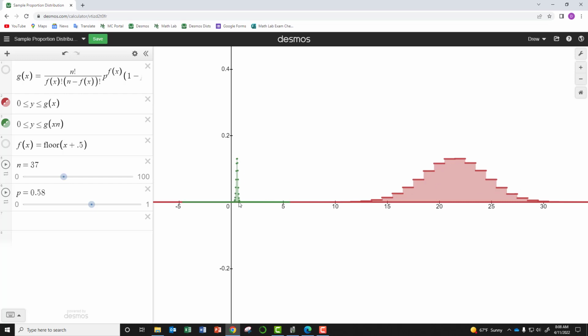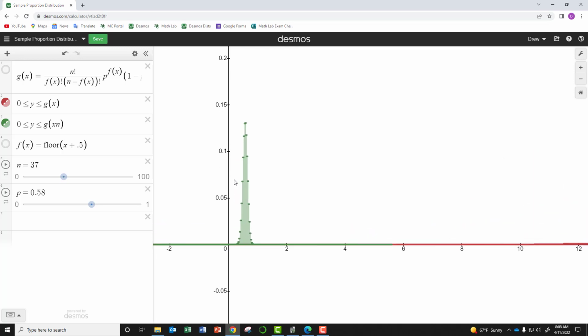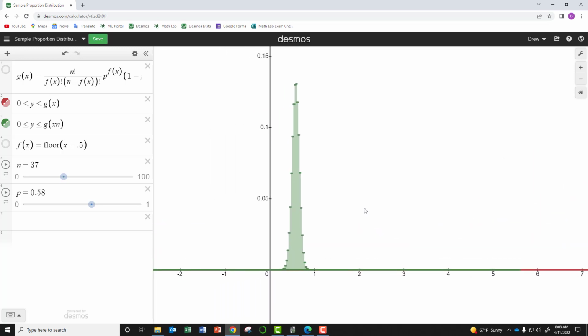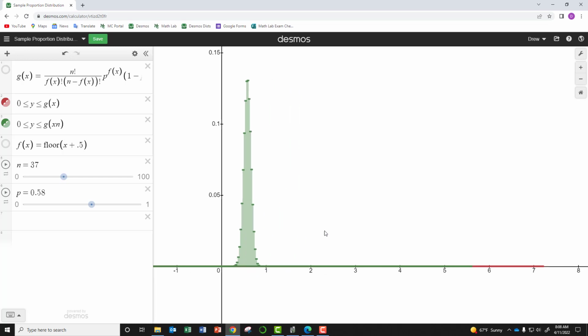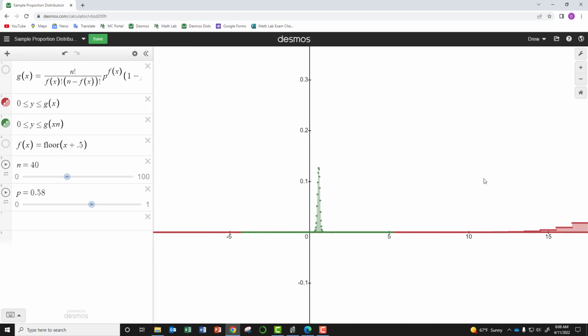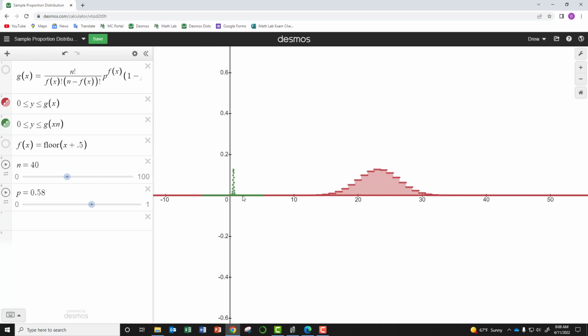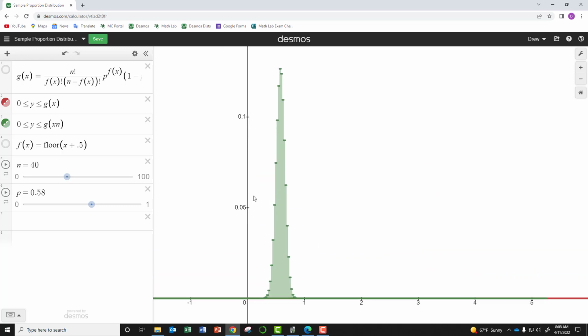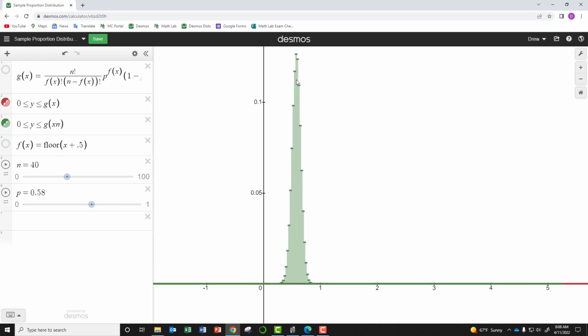Well, then this green distribution over here is kind of the same distribution, but now it's squished to fit between 0 and 1. Now instead of having 0 and, let's say, 40 as the lower bound and upper bound of the possible number of border collies that you might have in a sample of 40 dogs, now we're saying that 0 and 1 are the lower bound and upper bound of the proportion, right?